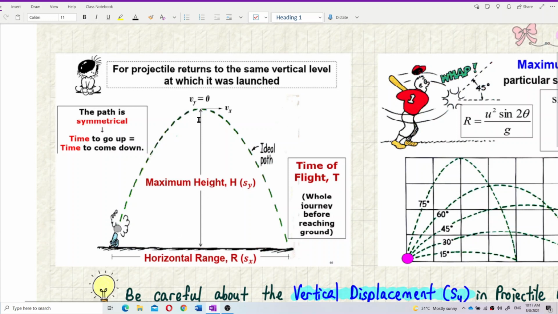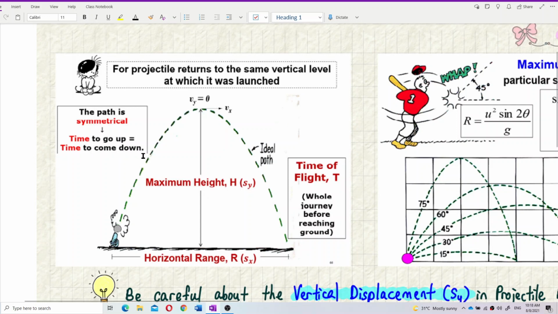For this type of projectile motion, this path is symmetrical. If we divide it into two parts at the middle, the left hand side path is the same as the right hand side path. So the time to go up is exactly the same as the time to come down.